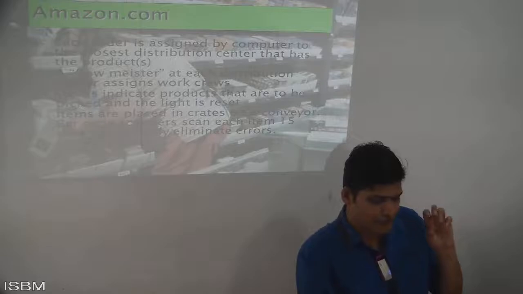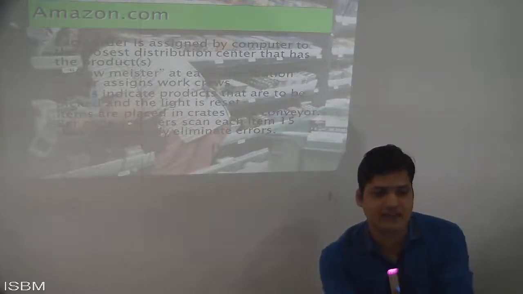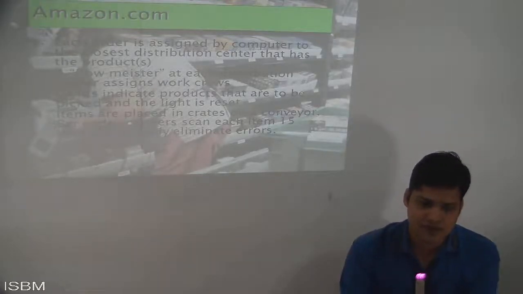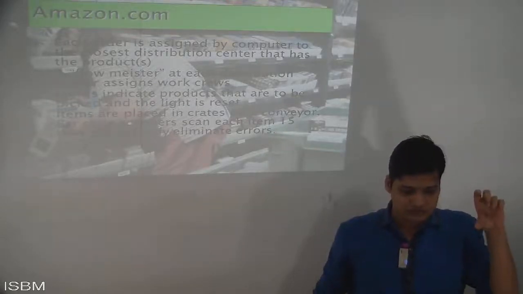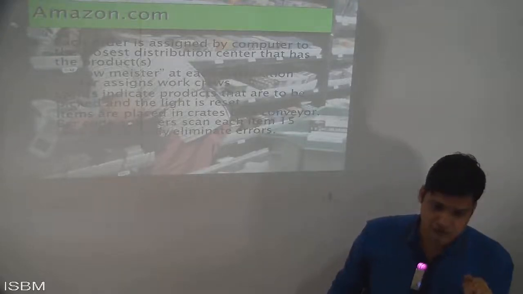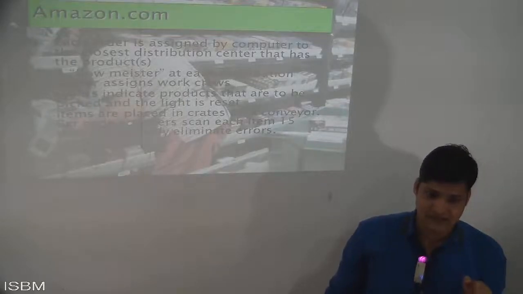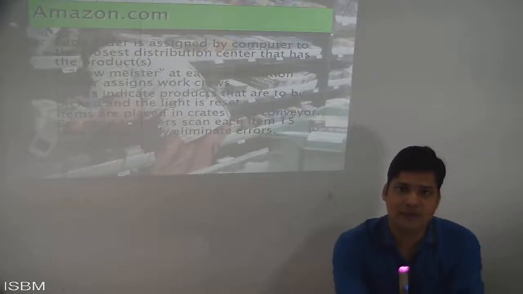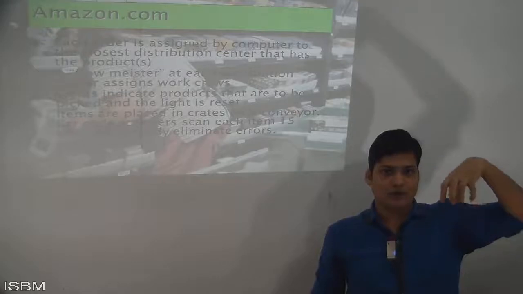When I order online, say one Dell laptop, I click that I need a Dell laptop with this configuration. That order goes directly to Amazon.com, and Amazon.com starts packaging that product. Each order is handled by the computer and sent to the closest distribution center that has the products. So if I'm ordering from Mumbai, Amazon.com is not going to send that Dell laptop from somewhere far away.